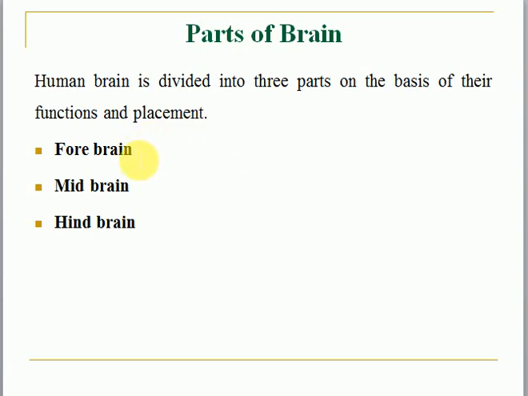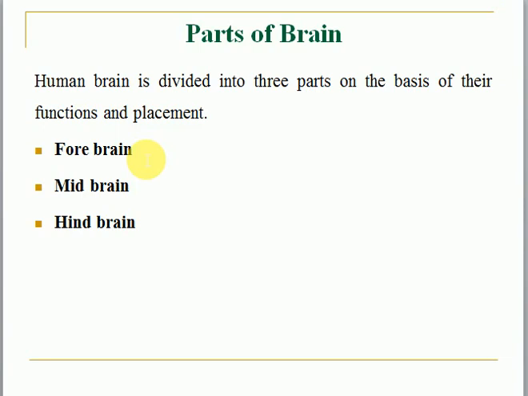The forebrain is mainly located in the front of our head, then the midbrain and hindbrain. So each one has its own functional parts.